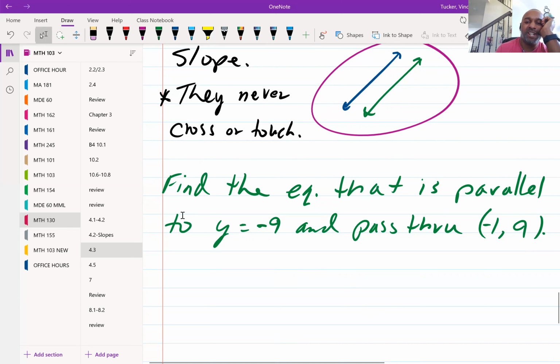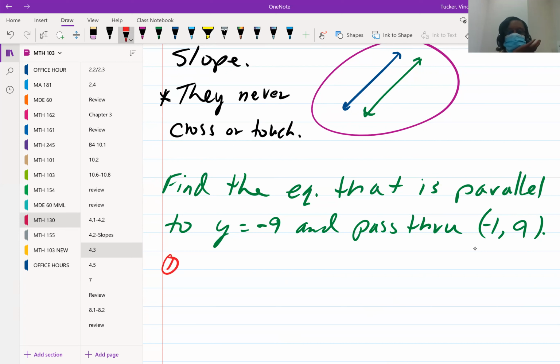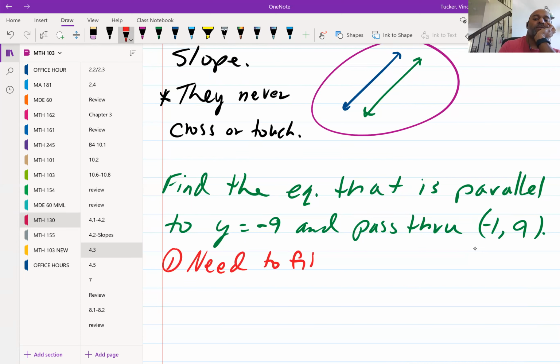All right, so find the equation that is parallel to y equal to -9 and passes through -1, 9. All right, well, let's see if I can help you out there. First thing we need to do is find the slope. Remember, I mentioned before, if they don't give you the slope, you do have to find the slope first.